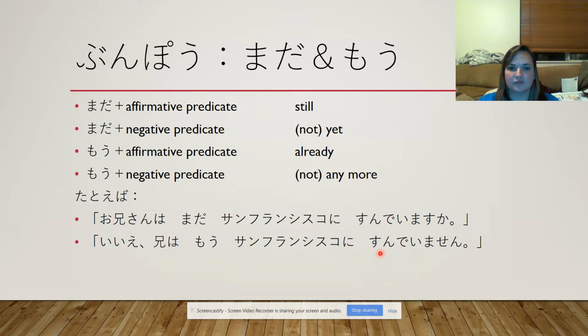Is this affirmative or negative? This would be negative, right? So if we're using mou and it's negative, it would say not anymore. I think that makes sense as an answer to the question, is he still living in San Francisco? We're answering no, my brother is not living in San Francisco anymore, right?